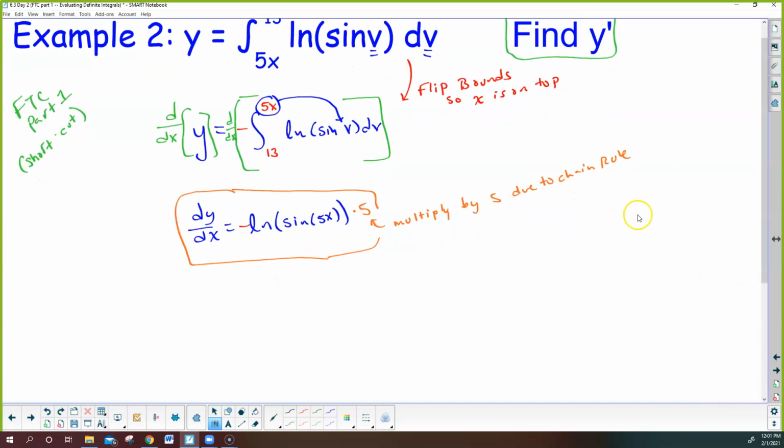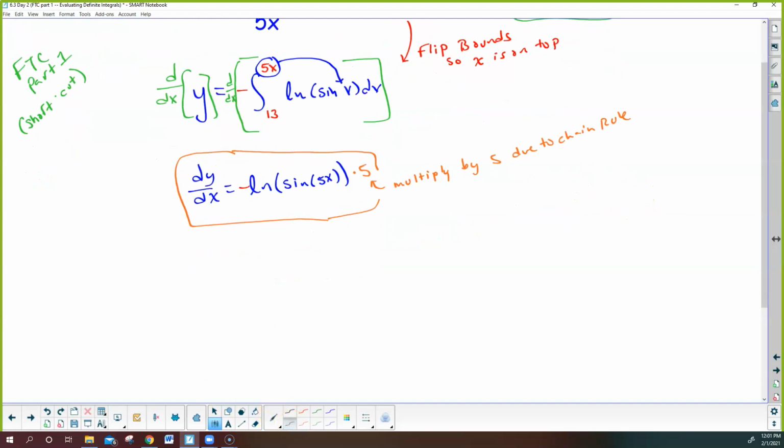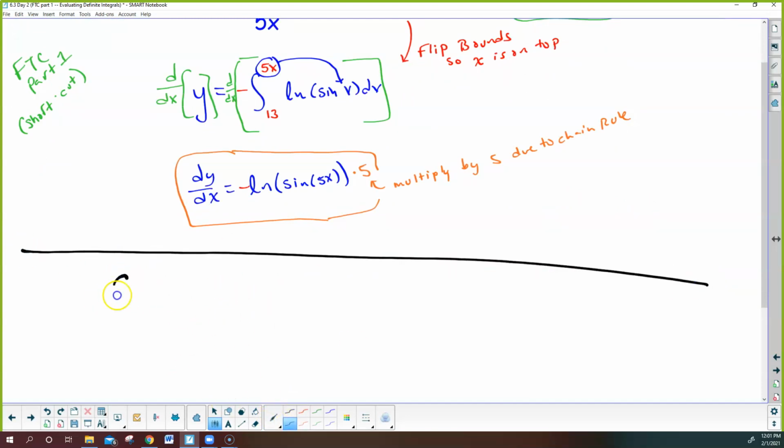Let's do one last one just so I know you're confident in it. I'd like you to try this. Let's say that y is equal to the integral from 4 to 3x squared of 5 to the t power plus 2t minus 4 dt.